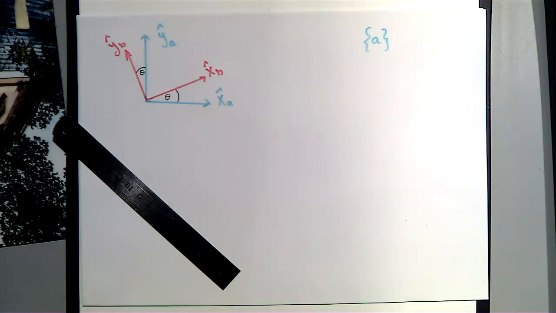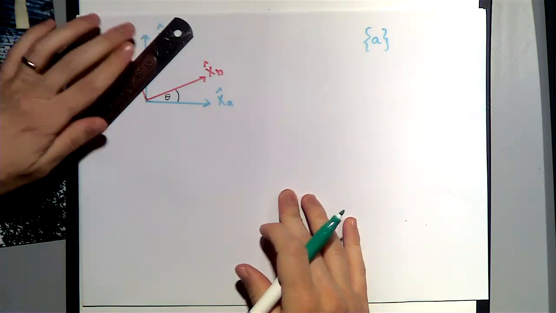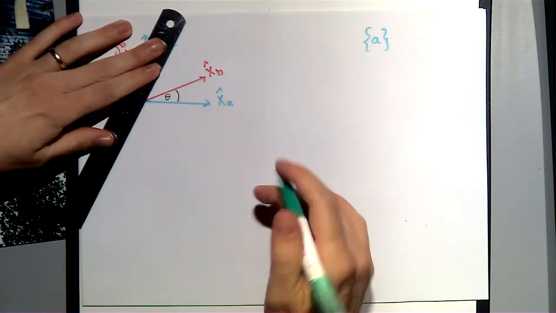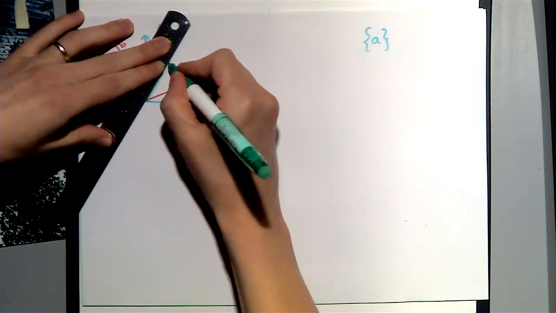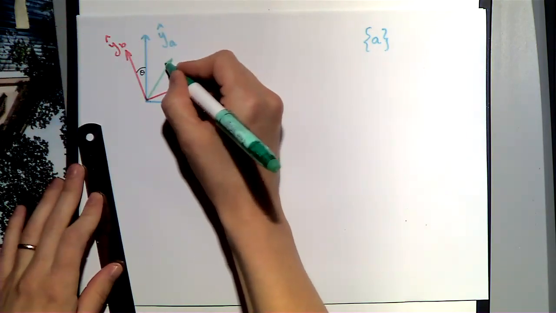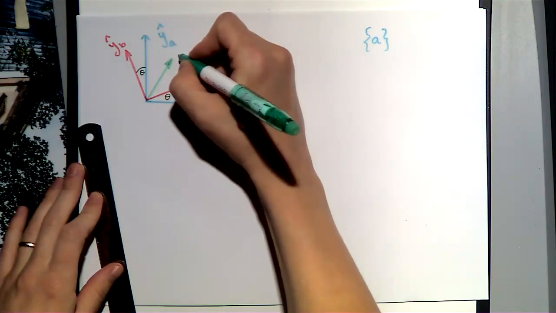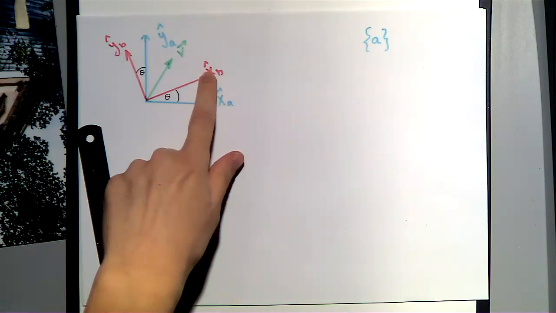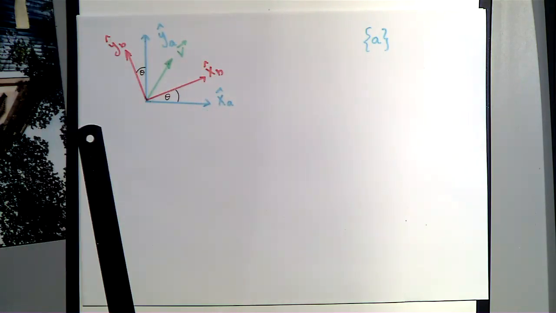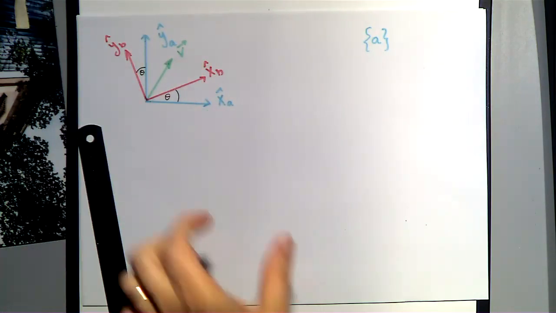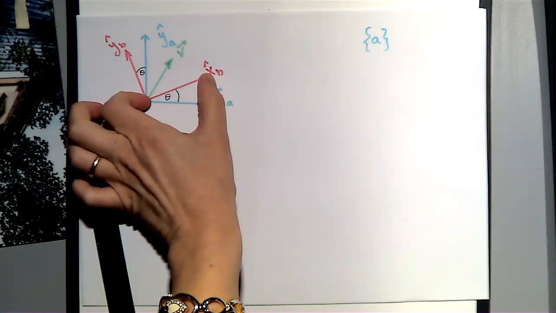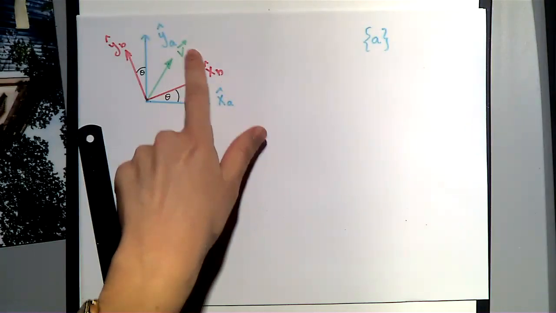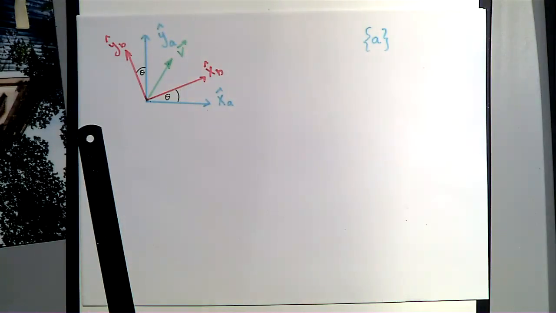I also have a vector, just some random vector, let's say vector V. Now, this hat stands for a unit vector, so these are all with dimension 1, magnitude 1. But the green one has an arrow on top, so it could be a non-unit vector.